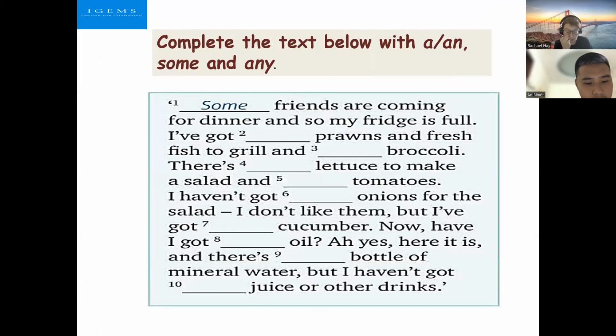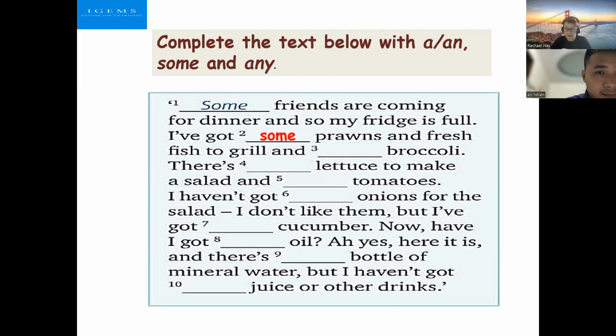I have some pearl... Okay, some, good. Some pearl and some fresh prawns.